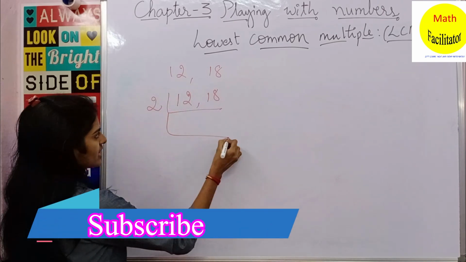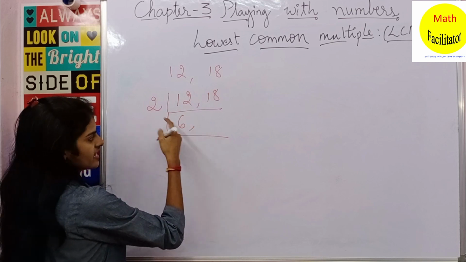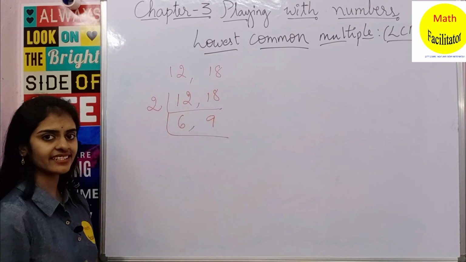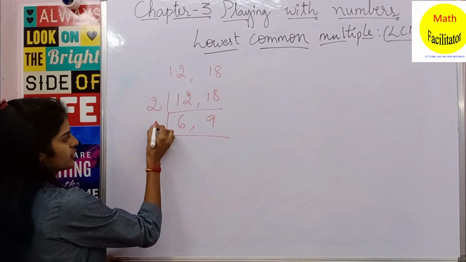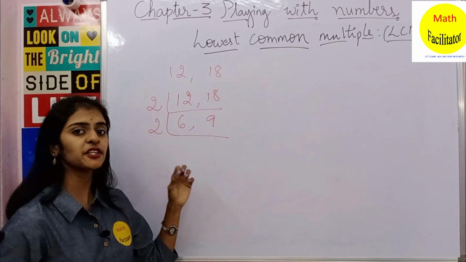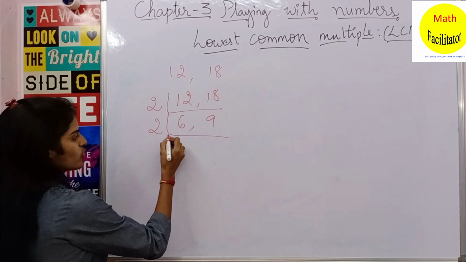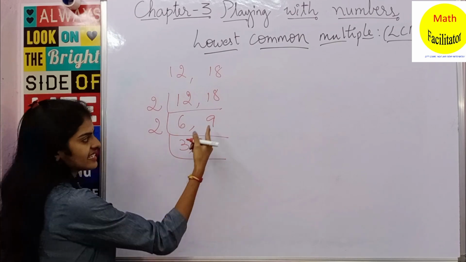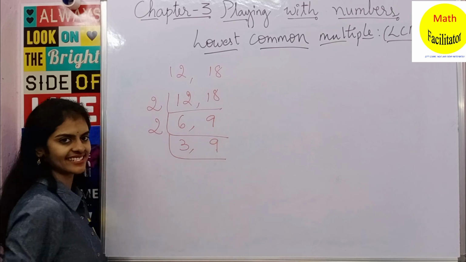So 2 divides 12 6 times and it divides 18 9 times. And again 2 divides 6, but it is not dividing 9, but still I can use it for 6. So 2 divides 6 3 times, it doesn't divide 9, so you write 9 as it is.